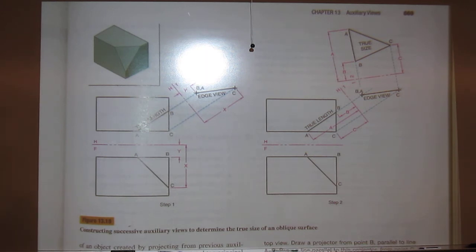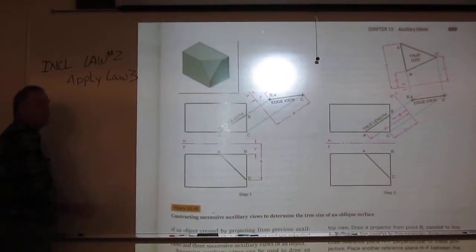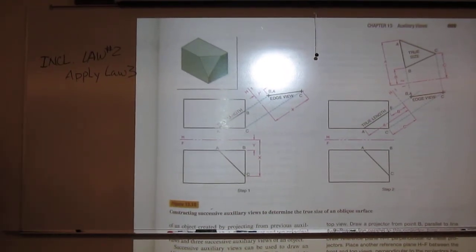Now keep in mind as you go through here, once you identify your plane and you know it's inclined, you should know immediately that you've already done law 2. You need to apply law 3 only. Because remember that when we looked at inclines.